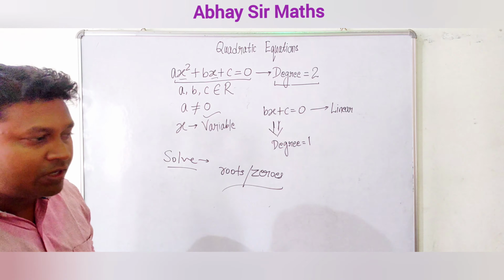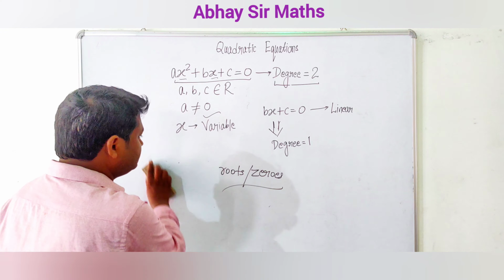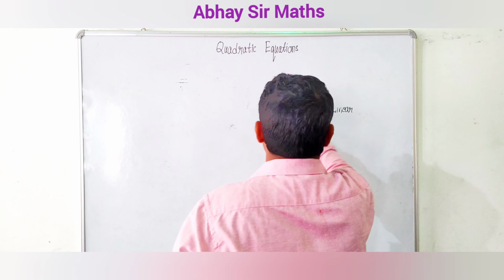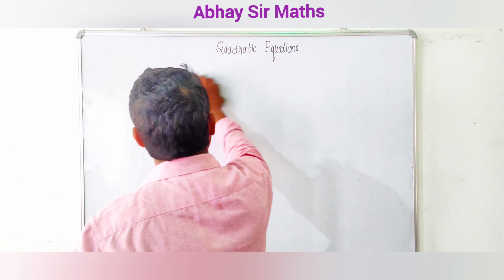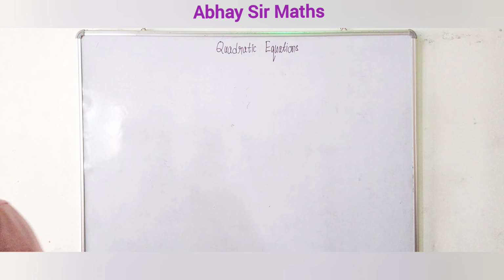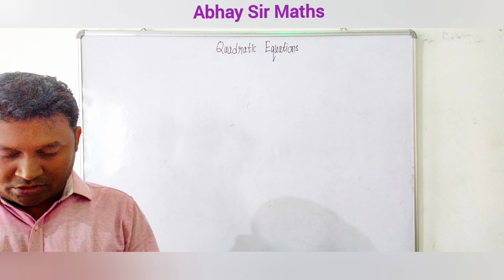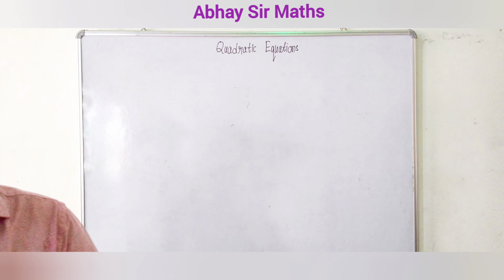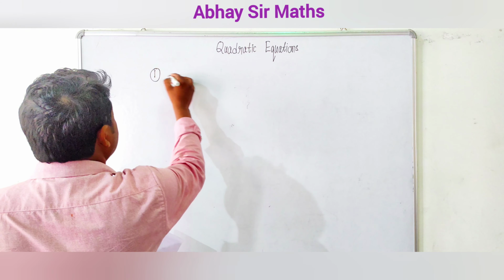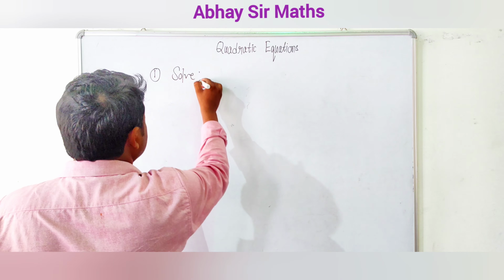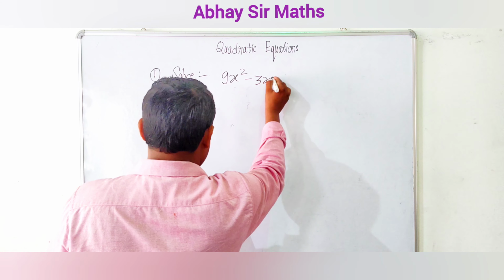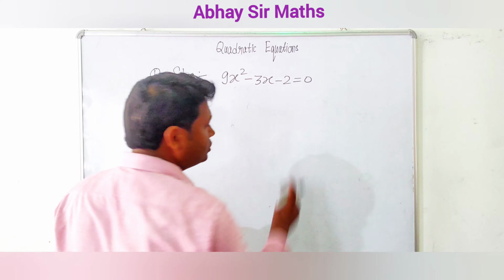Now let us take one question and see how to solve a quadratic equation. The first question is: solve 9x square minus 3x minus 2 equal to 0.